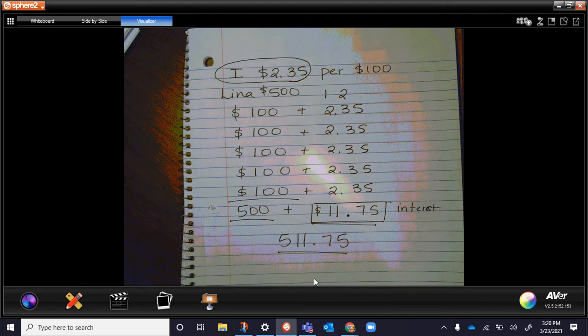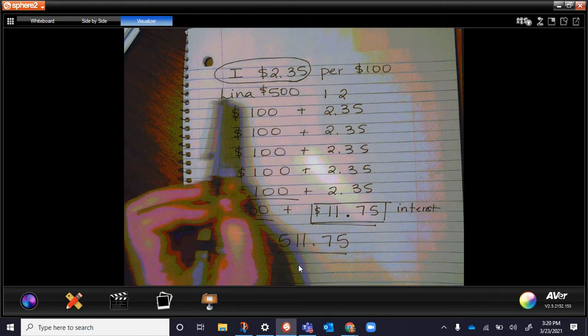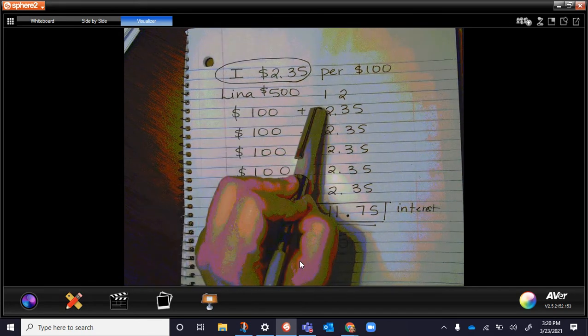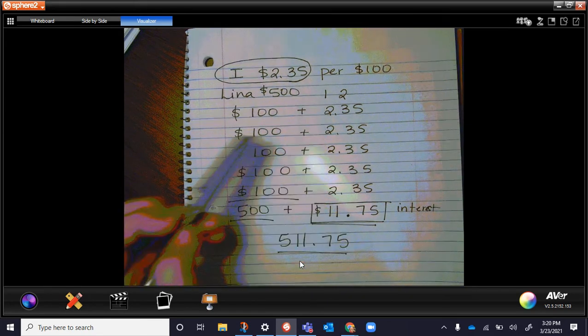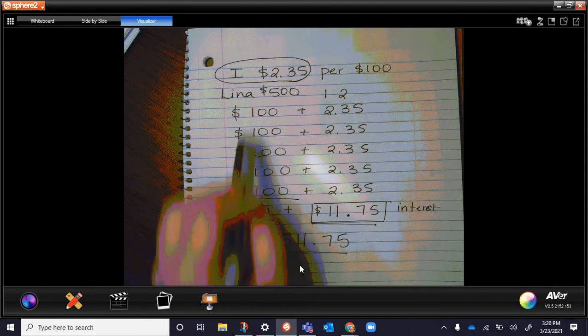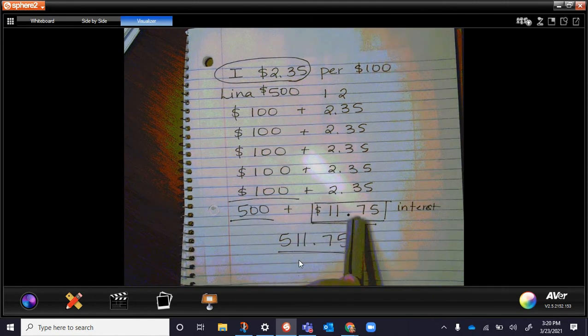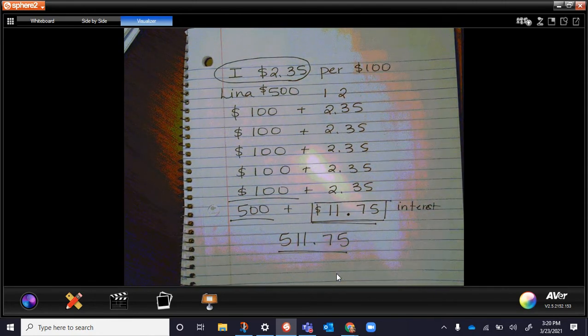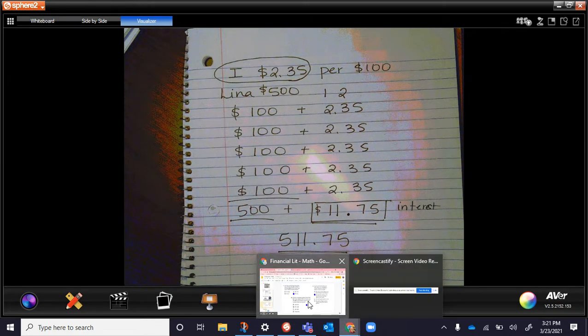So interest is nice. The more you put in, the more you can earn. If you only had $100, you're only making a couple dollars. But the more money you have saved up, the more money you can earn. So that's a positive there.